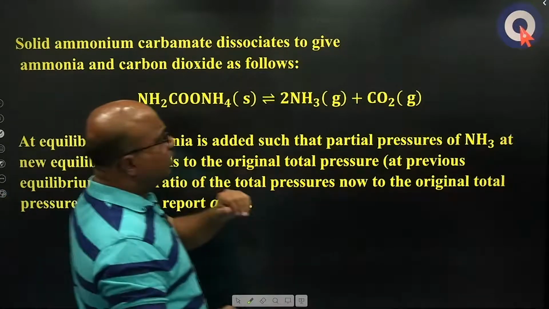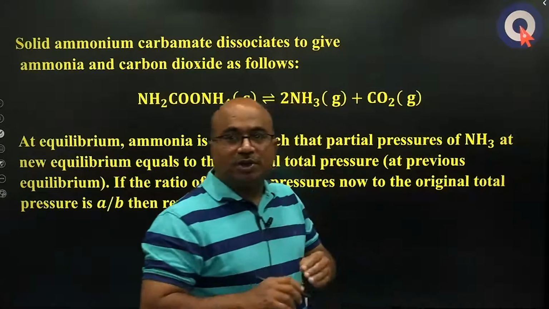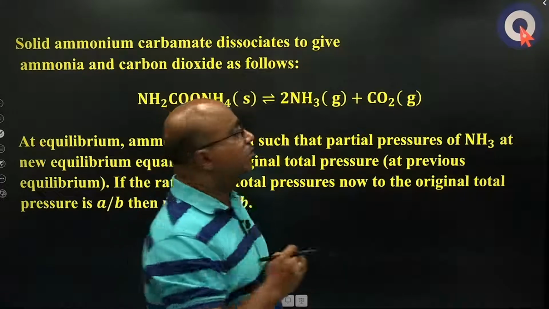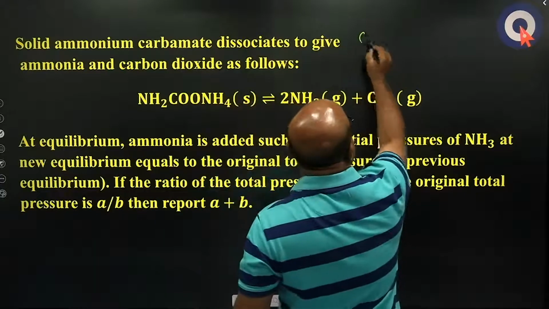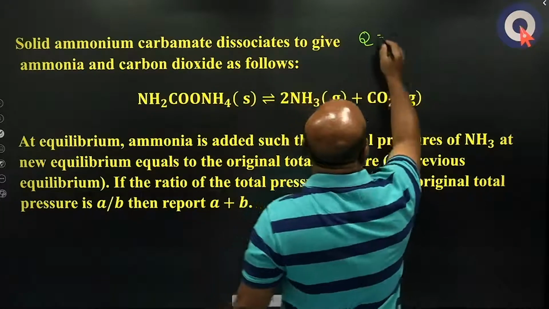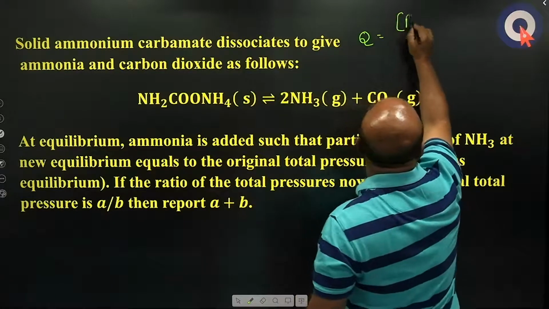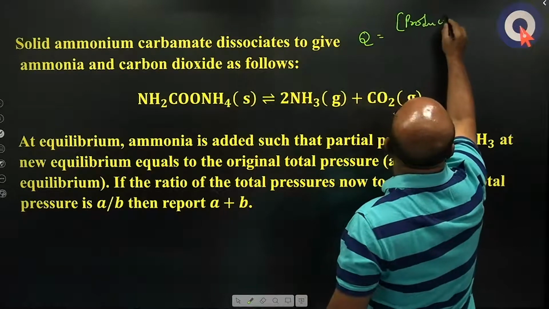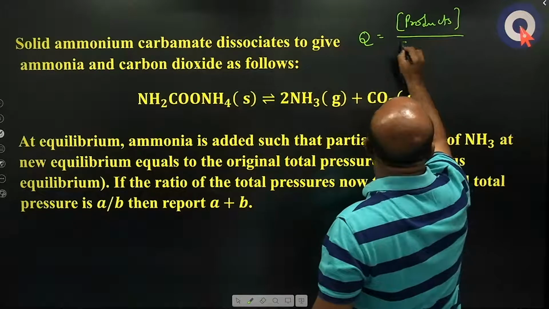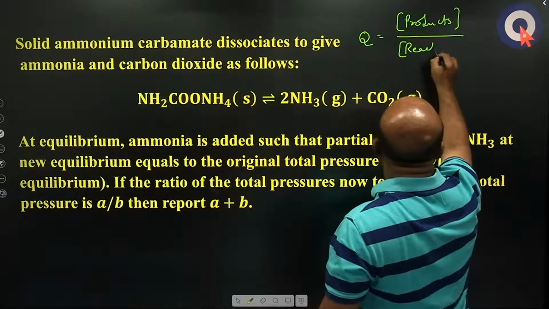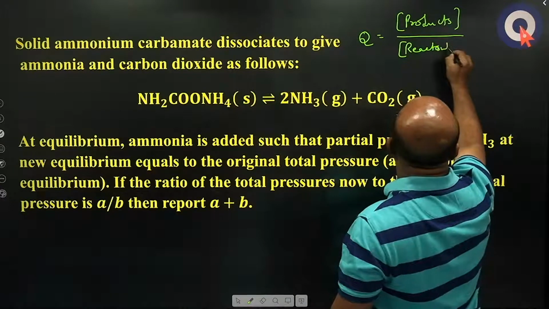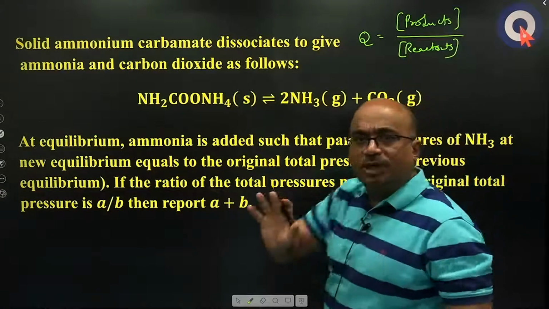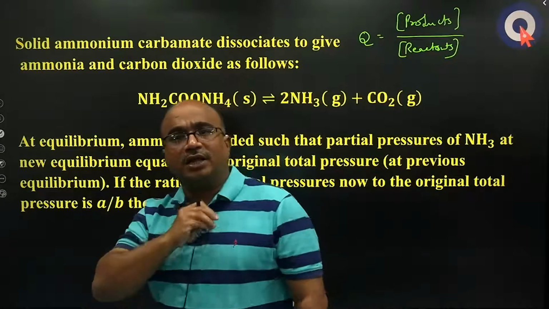This is what we generally use with the K expression and the reaction quotient. The reaction quotient is nothing but the active masses of products to the active masses of reactants at any condition, even other than the equilibrium position.